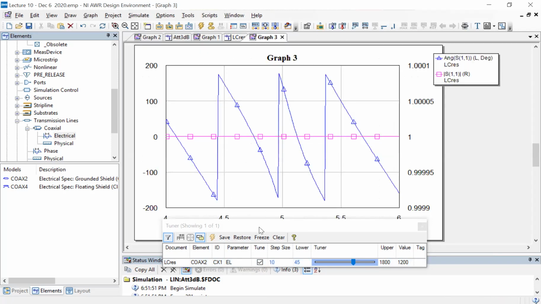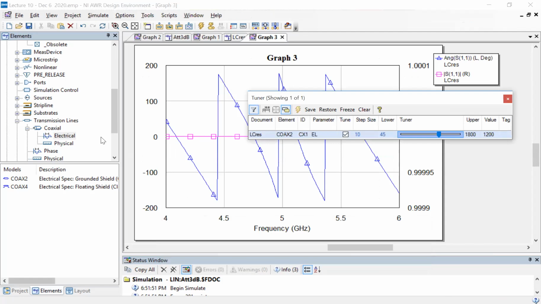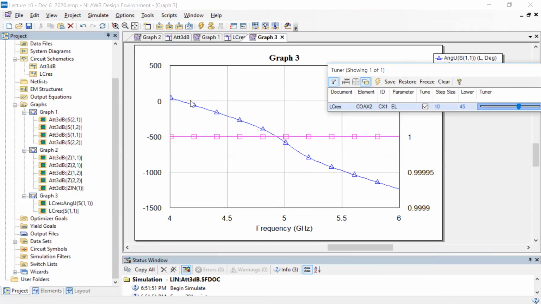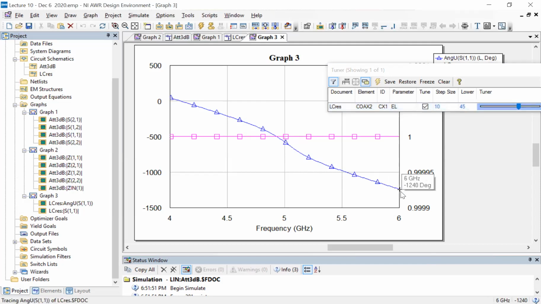I had shown you that in Microwave Office there is a type of measurement which allows you to get rid of that, called angle U, which doesn't wrap around after plus minus 180, but just plots it. Now you see this phase is going from 0 all the way to minus 1200 degrees. That's the total phase shift accumulated over this range of frequencies. But the resonance is still not very clear, right? So in this kind of thing, you might not be able to see the resonance if the electrical length was very, very large. And this is what happens.